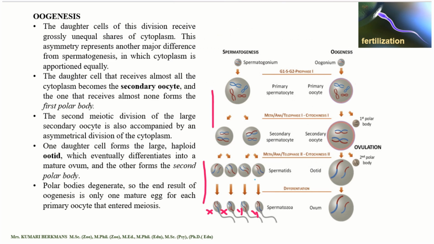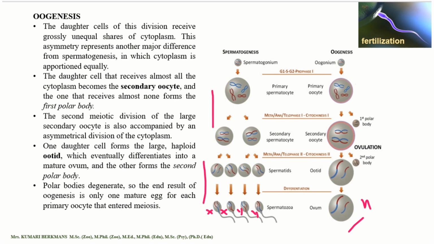Let us see what oogenesis is. Oogenesis is the formation of the ovum, and per month only one ovum is produced. Whereas what we have seen here is 4 daughter cells, here only 1 daughter cell is produced, with n number of chromosomes.